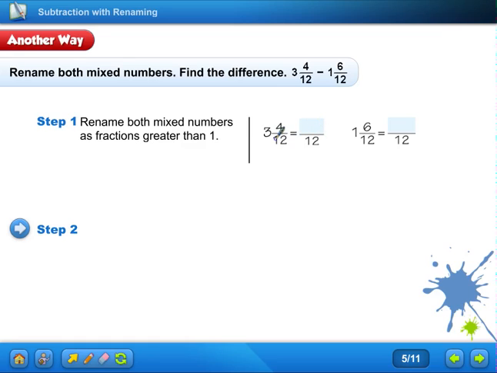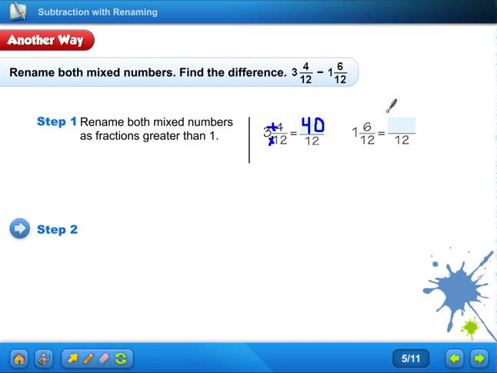So if you remember that little trick I taught you, 12 times 3 is 36 plus 4 is 40. All right, there's your first step.